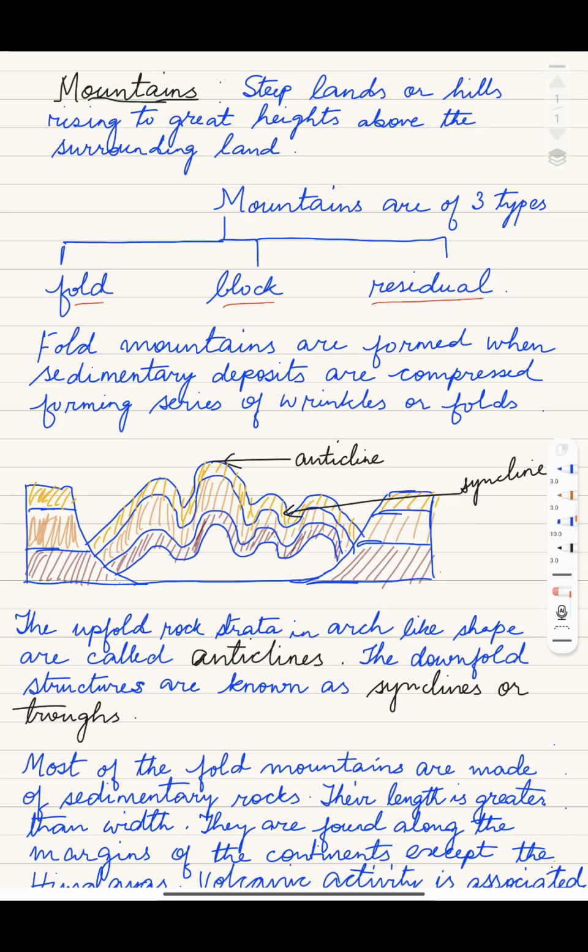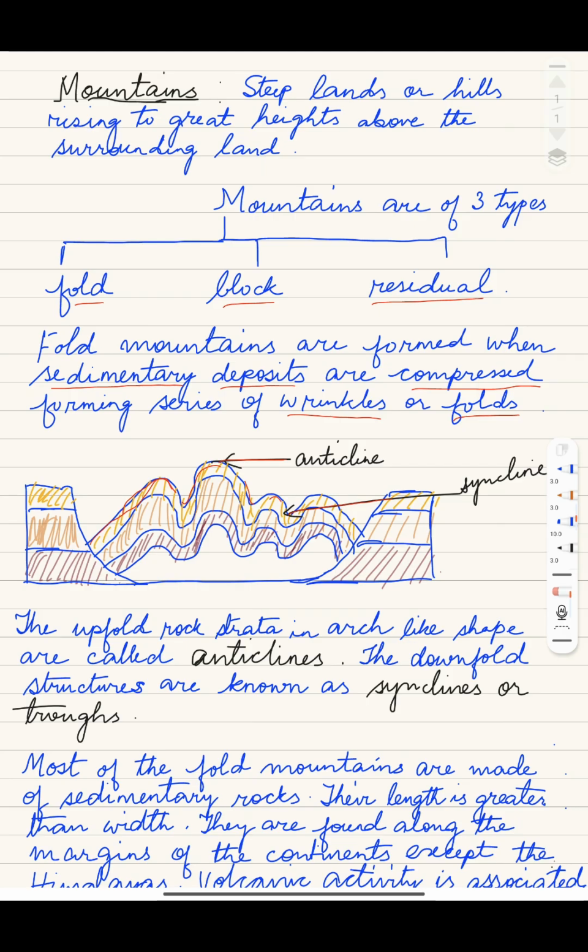Fold mountains are formed when sedimentary deposits are compressed, forming series of folds or wrinkles. You can see in this diagram, series of folds or wrinkles have been formed. Now, when they form series of folds or wrinkles, naturally this upfold becomes anticline and this downfold becomes syncline.